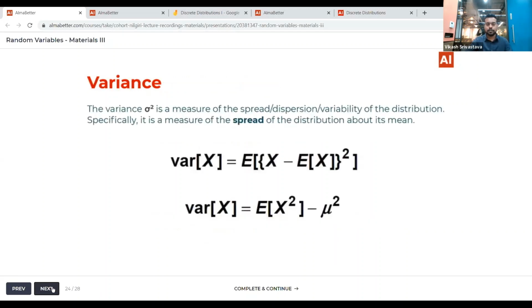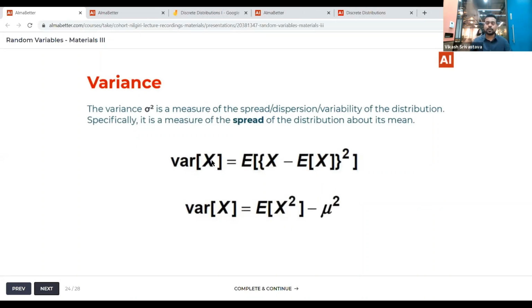Firstly we need to understand how variance is defined. You might be aware that variance is a measure of the spread, dispersion, or variability of the distribution. Specifically, it is a measure of the spread of the distribution about its mean.